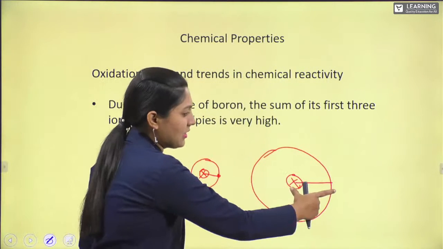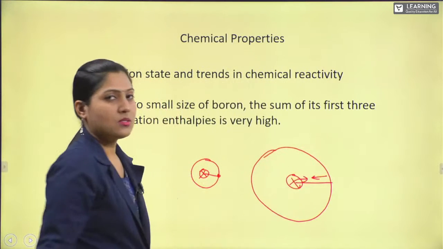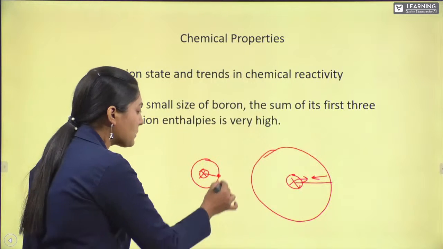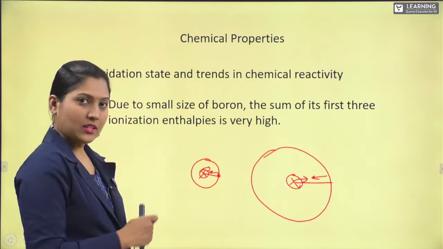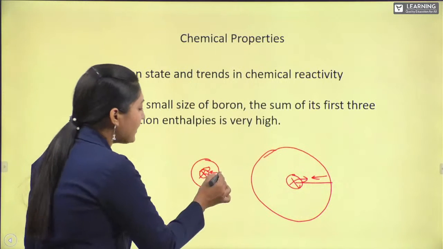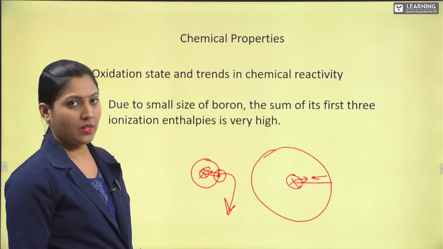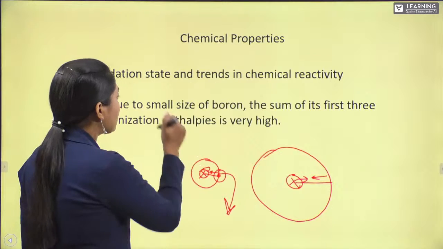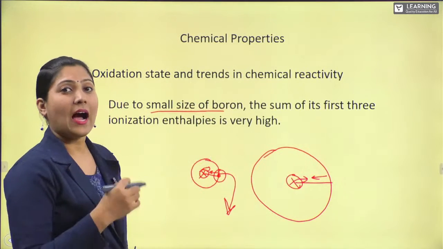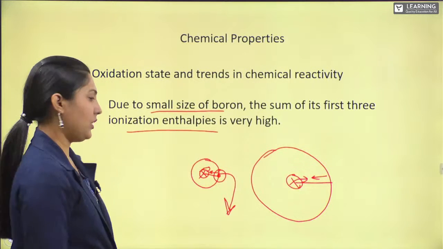If the distance increases, then the attraction will be less. So what happens when you have smaller size? The attraction from the nucleus to the outermost electron will be more. So this electron cannot be easily removed, and we need to give more energy. So due to the small size of boron, the ionization enthalpies will be very high. Got it?